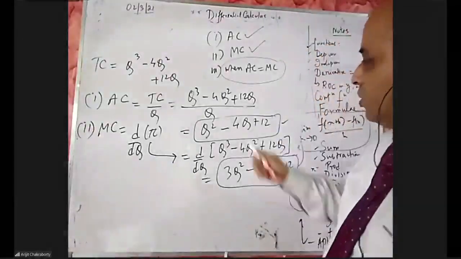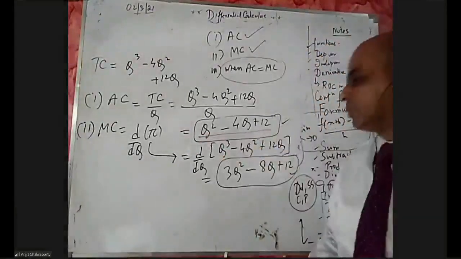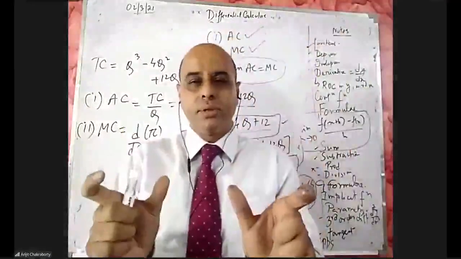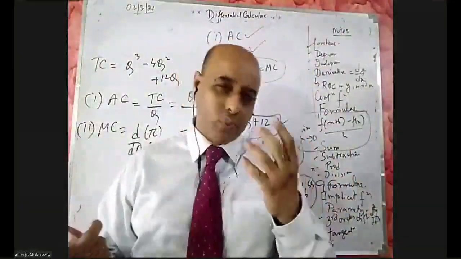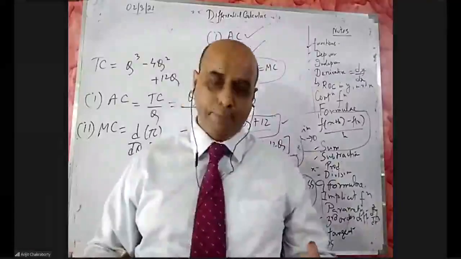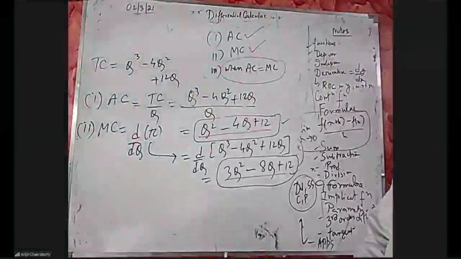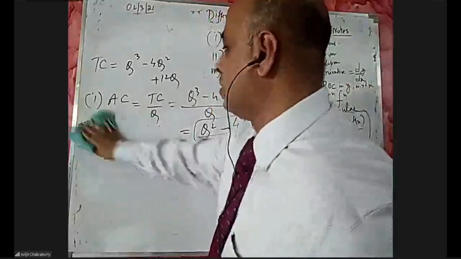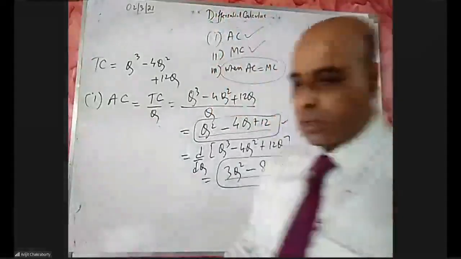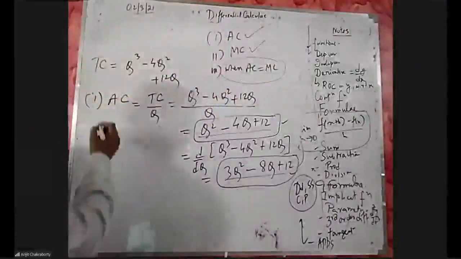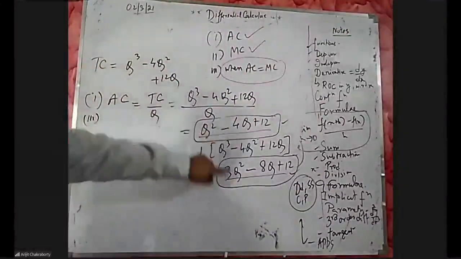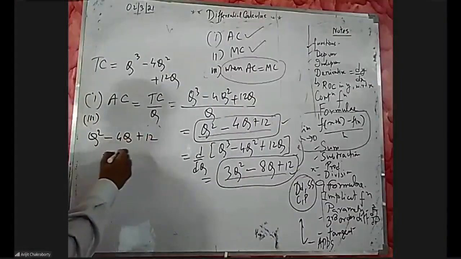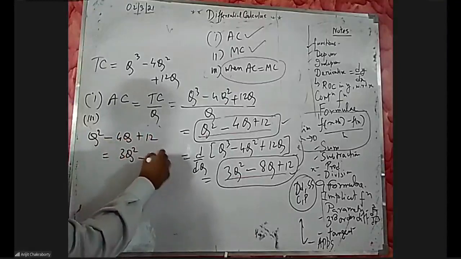If I know the average cost is this and the marginal cost is this, I have to equate the two expressions and find out at what quantity level they are the same. Let me do it here. So we are solving the third part. I will equate both of them. So I write Q square minus 4Q plus 12 is equal to 3Q square minus 8Q plus 12.